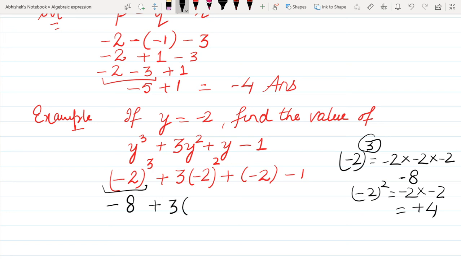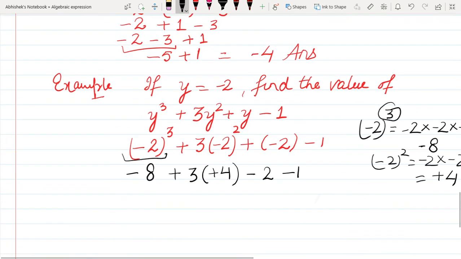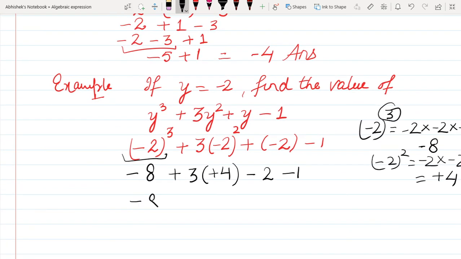So 3 remains as it is. Minus 2 square is plus 4. So plus, minus, minus, and here it is minus 1. So let's solve. Minus 8, plus 3 fours are 12, minus 2, minus 1.